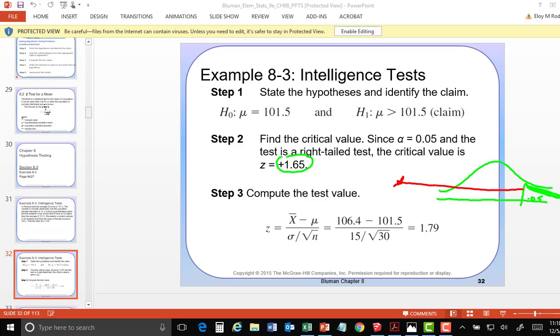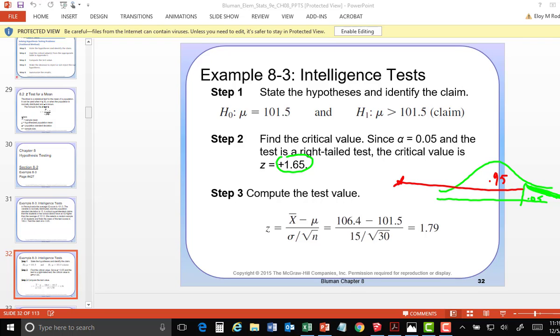So if this is 0.05, then we have 0.95 under the curve. Correct? Somebody say yeah. So if I get 0.95, look under your normal curve and look for 0.95, that's inside the table, not on the edge. And when you're inside, go out and you will get 1.65.